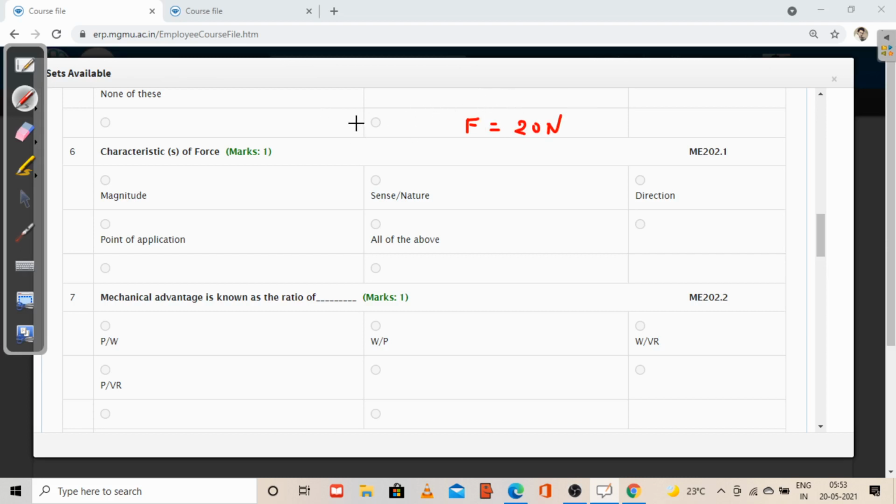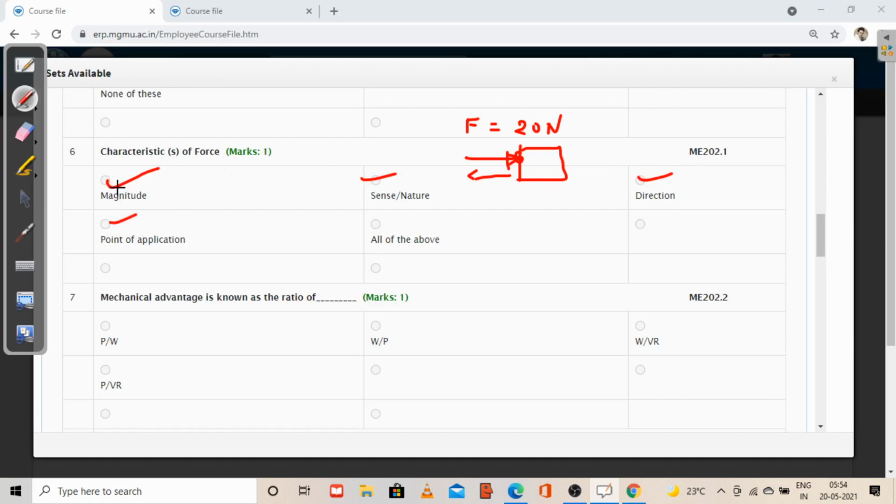And force will always have a direction, which is the direction in which you are applying the force. Force also has a nature: either you can push the object or you can pull the object. And point of application is where you are applying the force. So magnitude, sense or nature, direction and point of application.